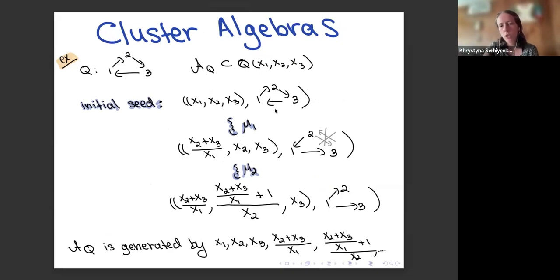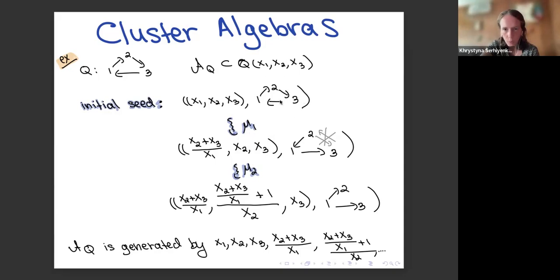Now, again, there is a choice of where you can start mutating. Eventually, if you want the cluster algebra, you want all the possible directions, but let's just start by mutating at vertex 1. So if I mutate at vertex 1, let's do the cluster mutation first. This means, by definition, my variables in positions 2 and 3 don't change. Only the variable in 1 changes. And what is the rule for the new variable in position 1? You look at this initial quiver.